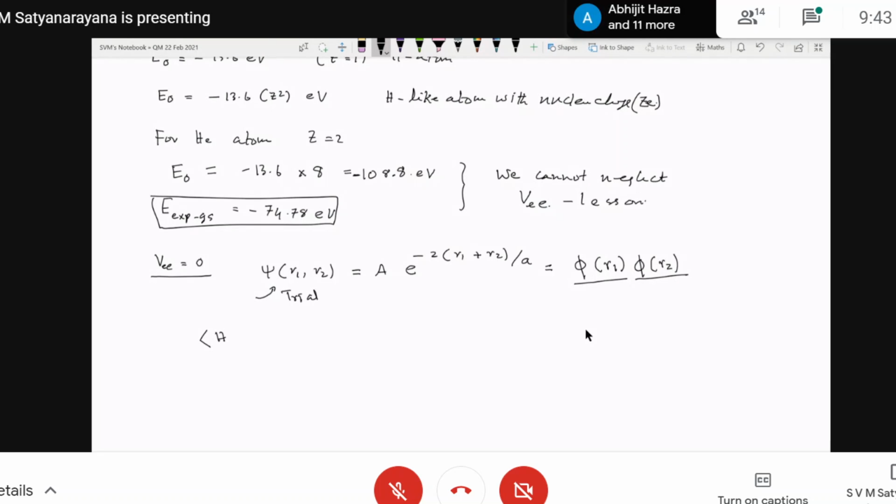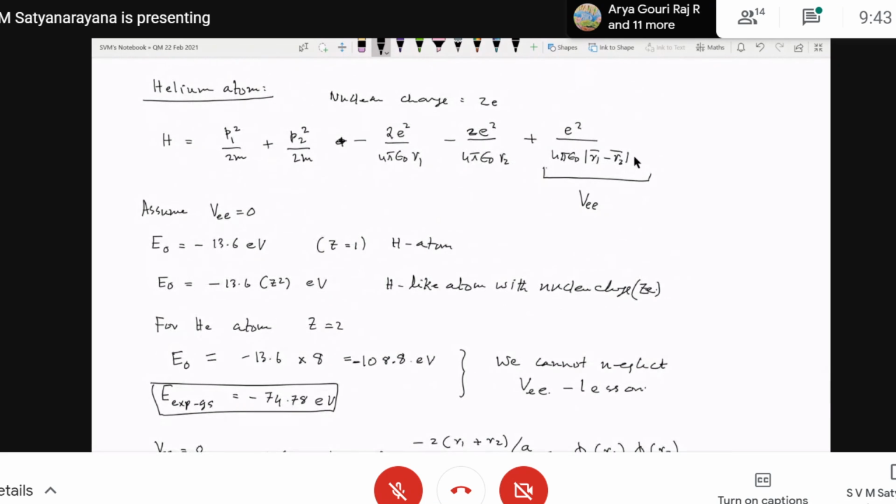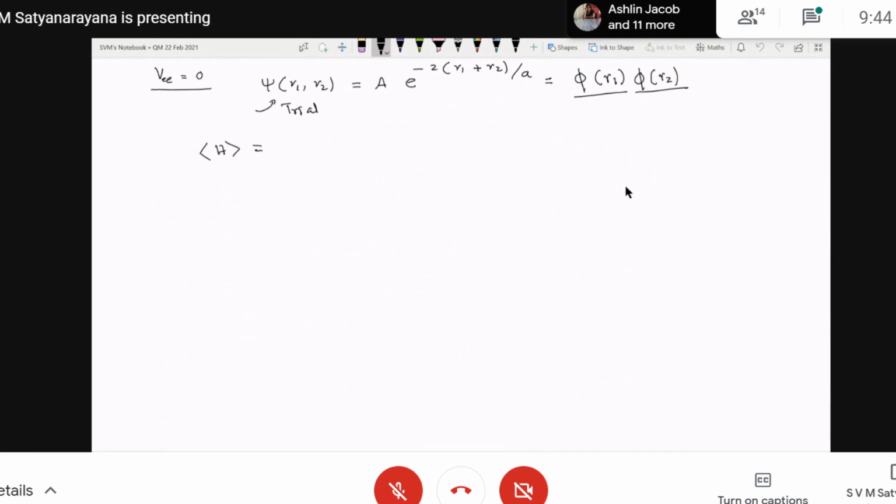Your expectation value of the Hamiltonian will be, up to this term, except this VEE term, minus 108.8 electron volt, plus you have to take the expectation value of VEE.